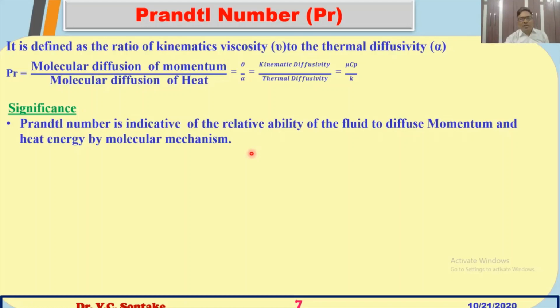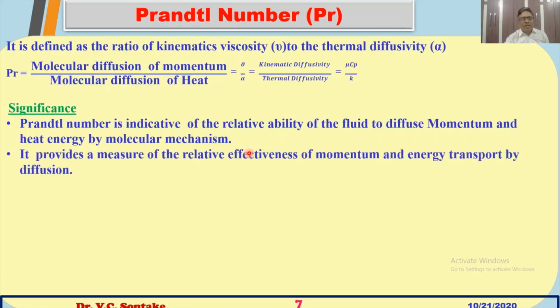Similarly, momentum can also diffuse within the fluid flow. So Prandtl number will tell you the relative ability of that fluid to diffuse either momentum or heat energy by molecular mechanism. It also provides a measure of the relative effectiveness of the fluid to diffuse momentum and energy by diffusion mechanism.